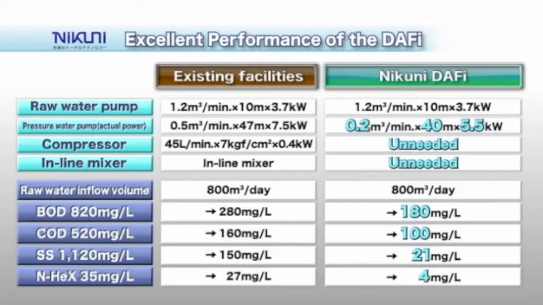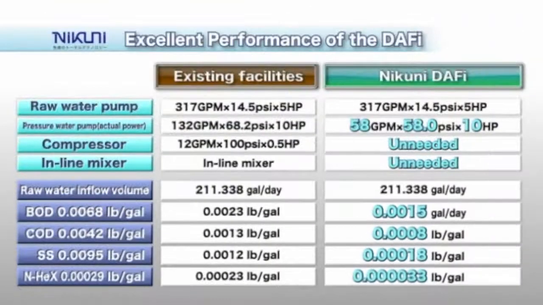Facilities that have adapted it as a replacement for conventional systems have been able to save energy. The Nikuni KTM DAF pump provides a remarkable performance in terms of water quality, using measures such as BOD, COD, suspended solids, and normal hex levels.